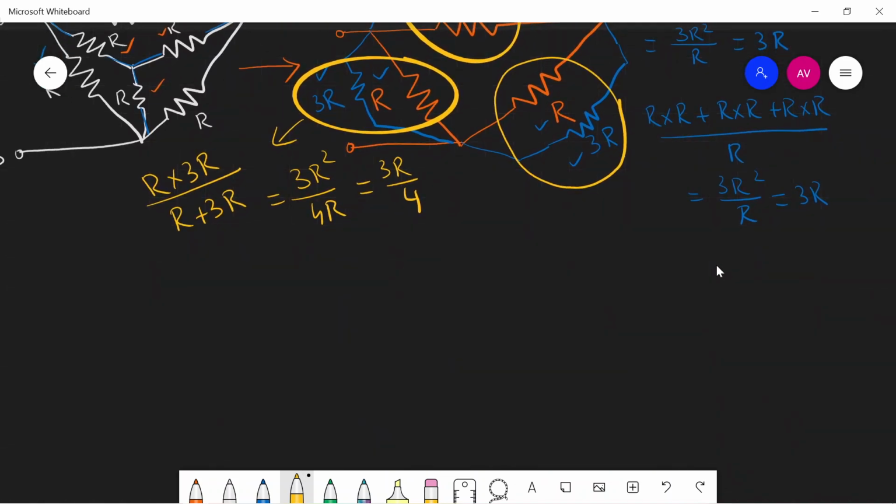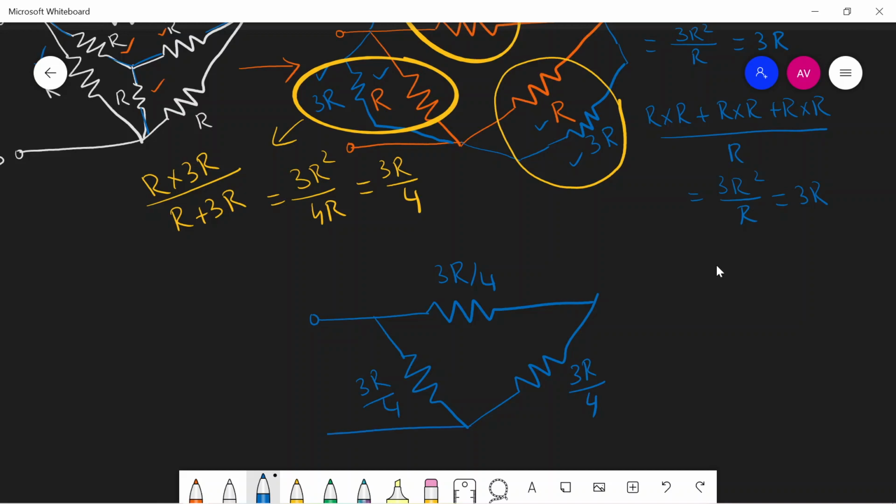Let us redraw the circuit. Circuit becomes 3R by 4, 3R by 4, 3R by 4, right?